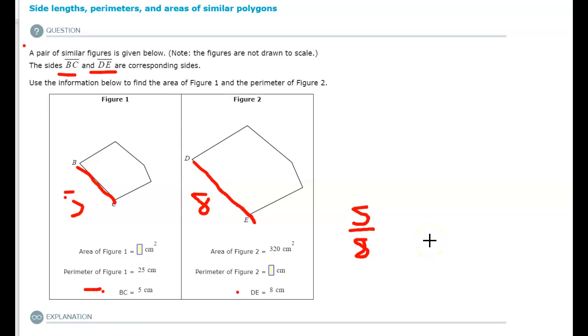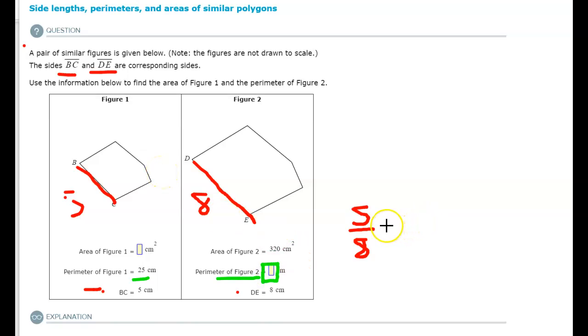And I think it's probably going to be a little bit easier if we do the perimeter first. It doesn't really matter. I do have to find the perimeter of this one right here. So they're giving me this 25, and they're asking me to find the perimeter of this figure over here.